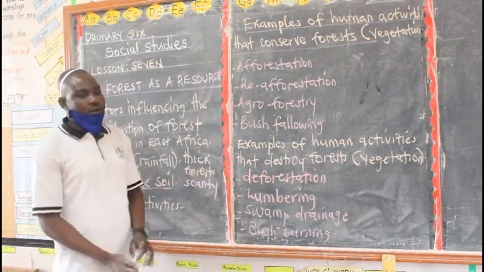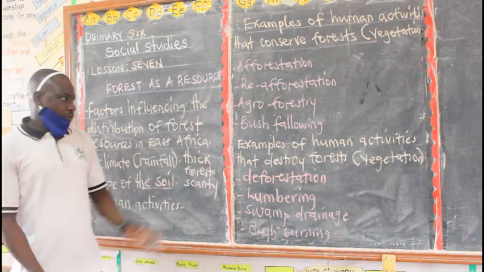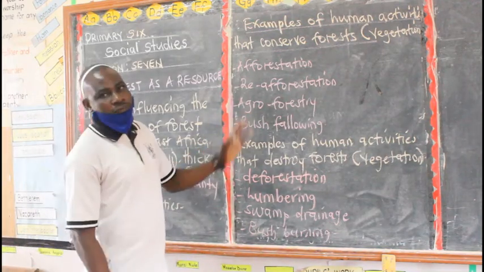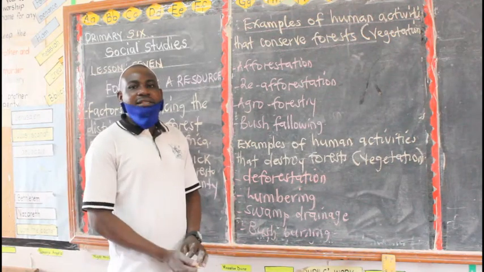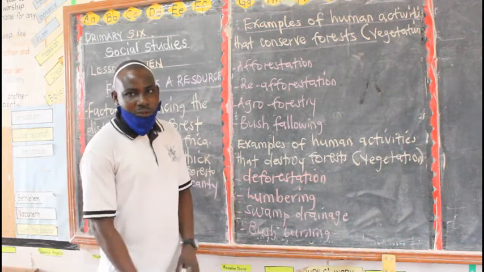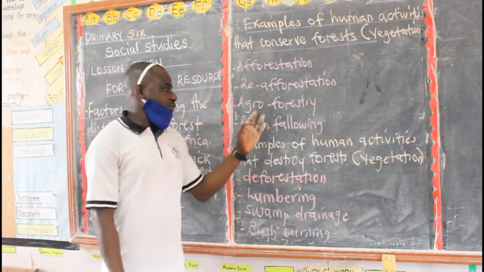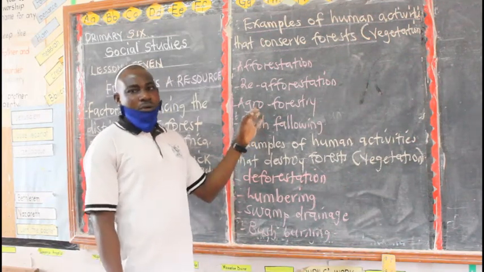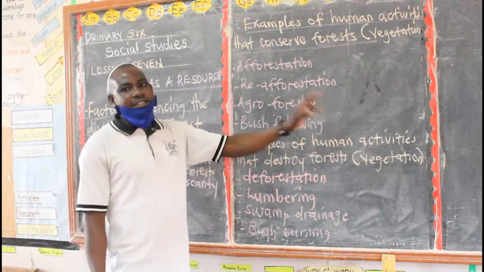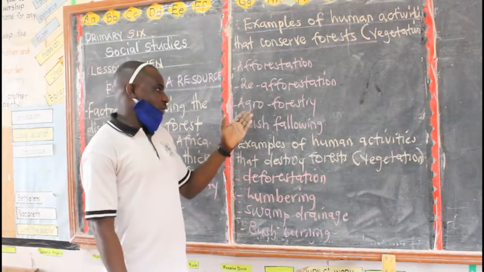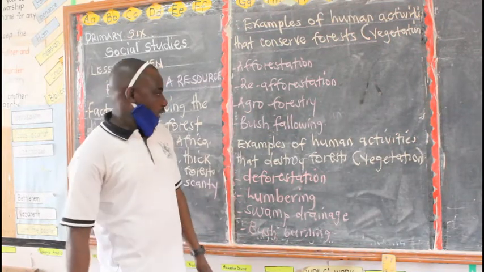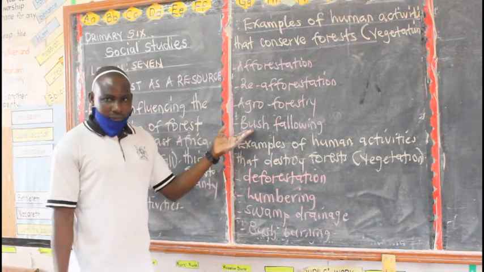Then we also have agroforestry. Agroforestry is the growing of crops and planting of trees on the same piece of land. When you plant trees and you also grow crops on the same piece of land, that one is called agroforestry.